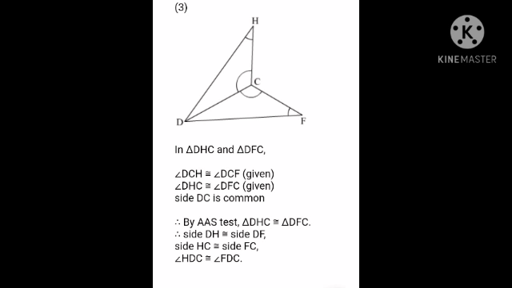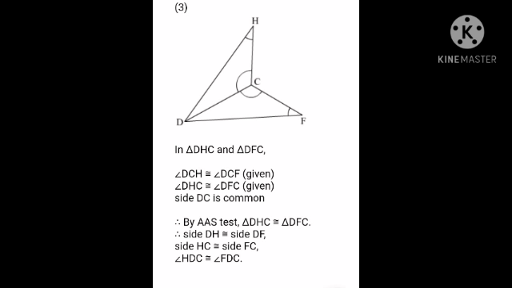Third one, look at the figure. In triangle DHC and triangle DFC, angle DCH is congruent to angle DCF given in the figure. Angle DHC is congruent to angle DFC given in the figure. Side DC is common. Therefore, by angle angle side test, that means AAS test, triangle DHC is congruent to triangle DFC.